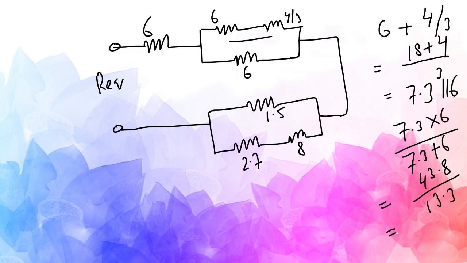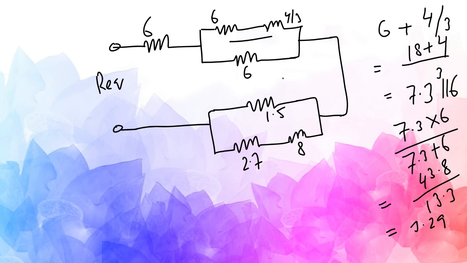So 43.8 divided by 13.3 becomes 3.29. This whole circuit has become 3.29.